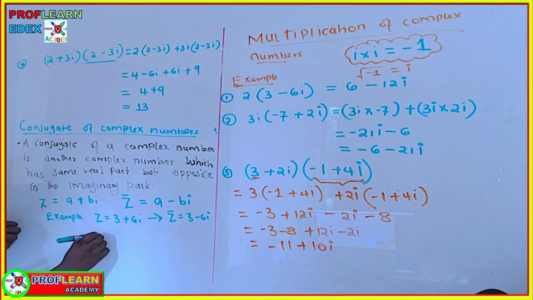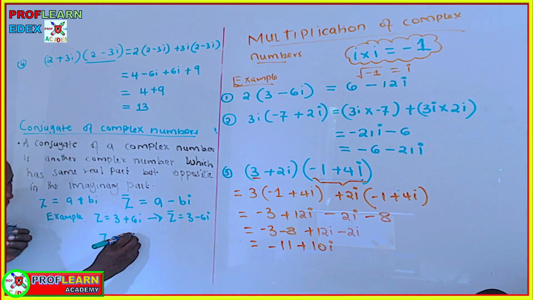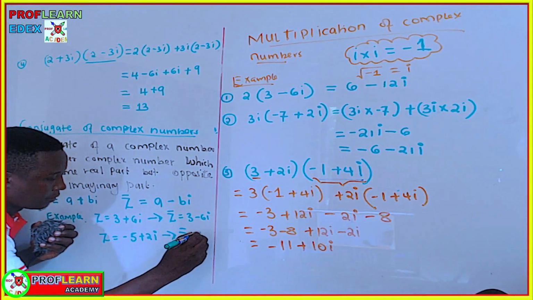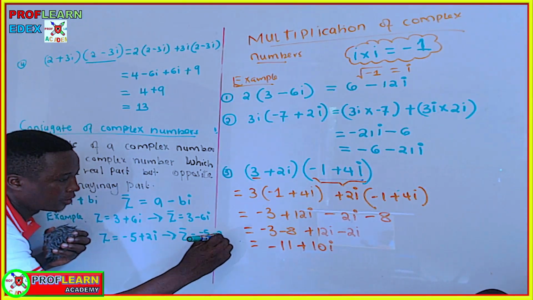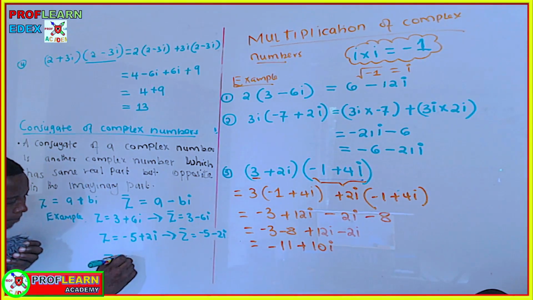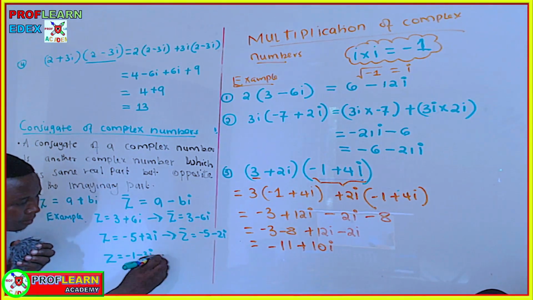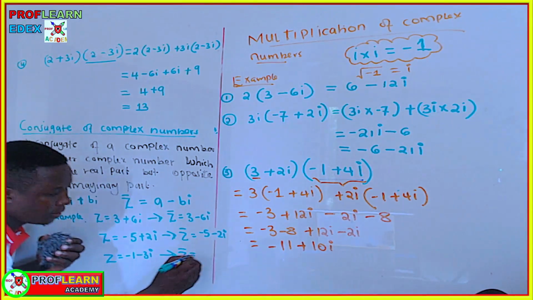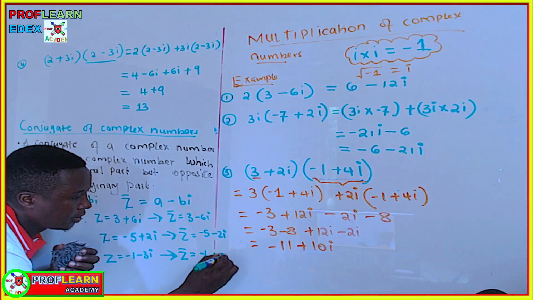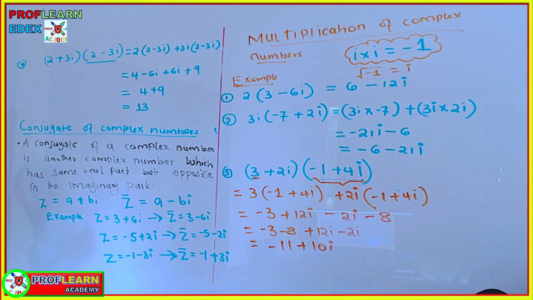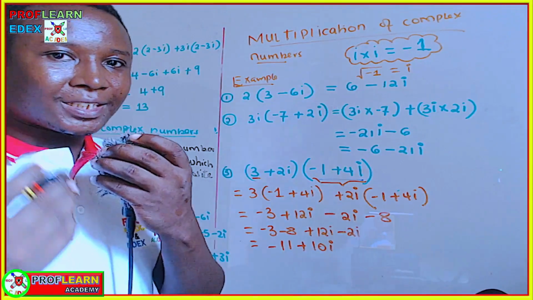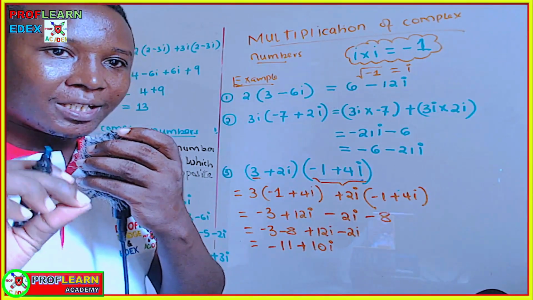If Z equals minus 5 plus 2i, its conjugate is going to be minus 5 minus 2i. If Z is negative 1 minus 3i, then its conjugate is going to be minus 1 plus 3i.